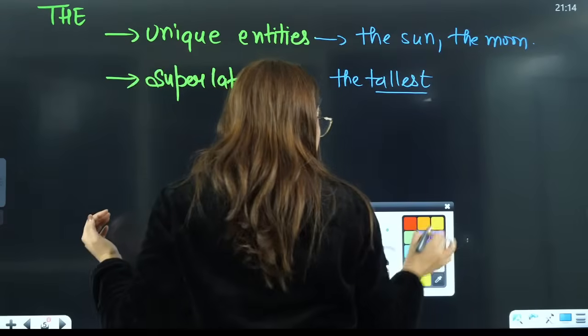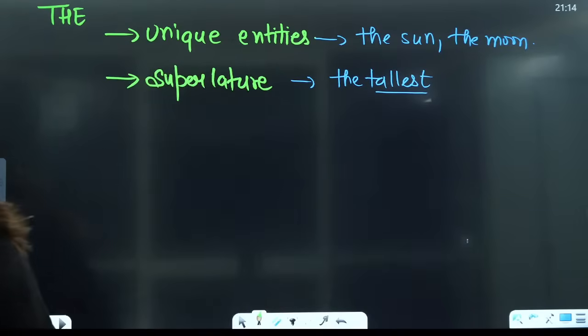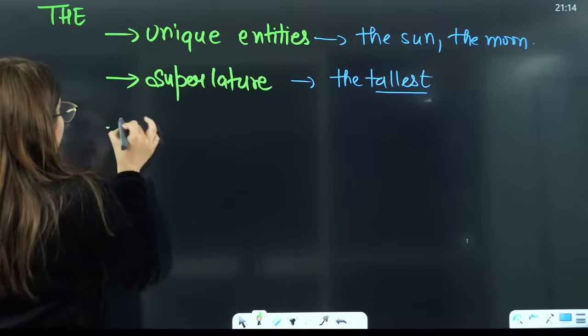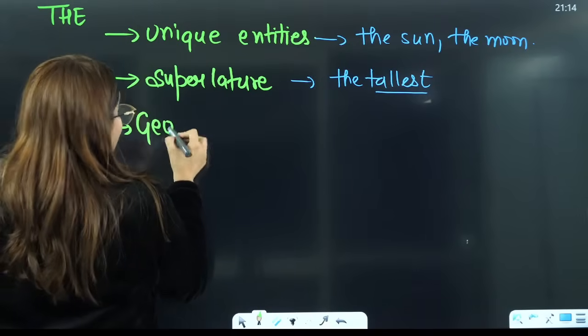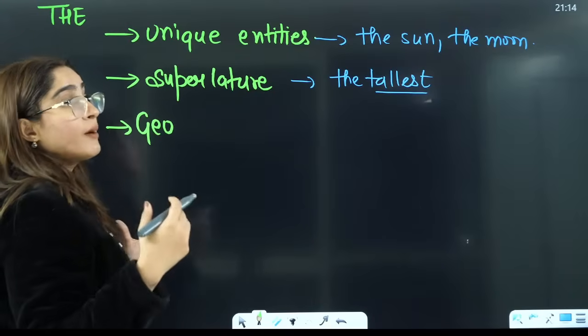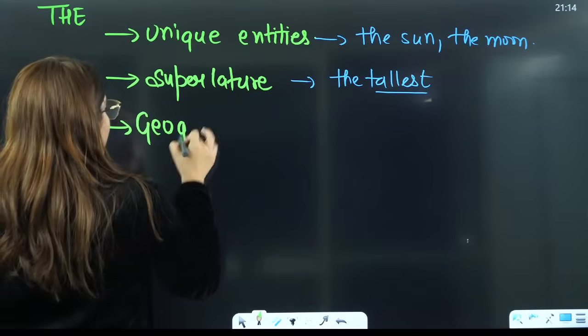Now, if I am specifying something, for that also we use the. Yes, geographical things like rivers, oceans. For example, the Ganga, the Yamuna.